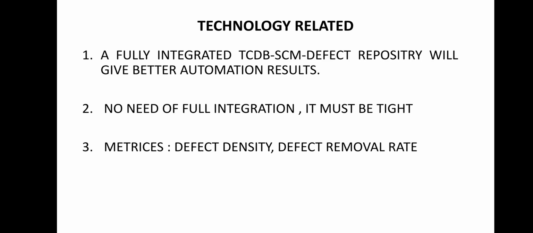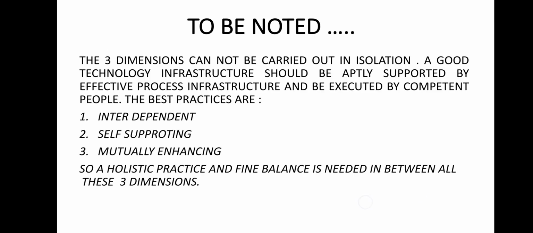So you have seen the three things: process related, people related, and technology related best practices. We can give a final remark on best practices: all these three dimensions, as you can see in the next slide, cannot be carried out in isolation. A good technology infrastructure should apply all of these things together.